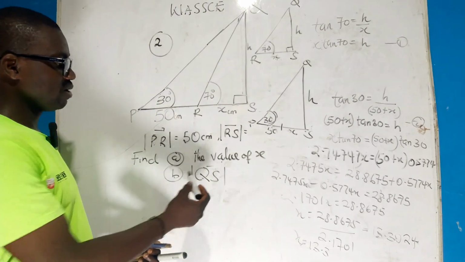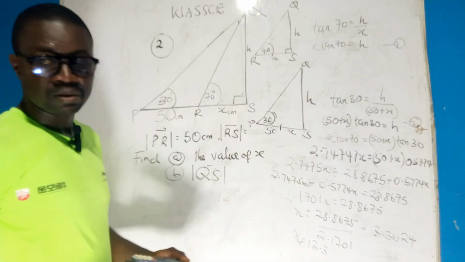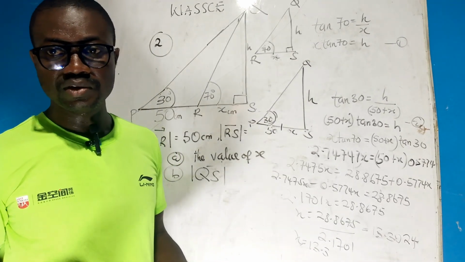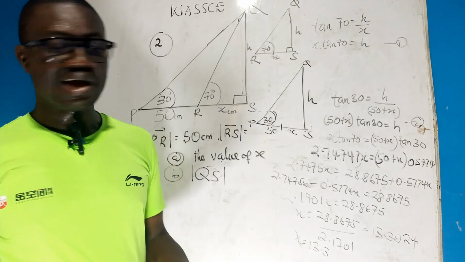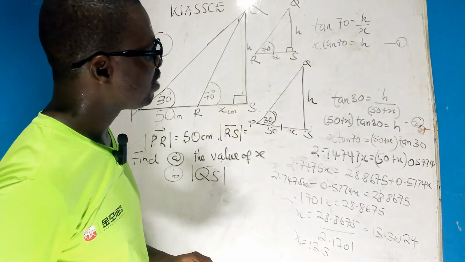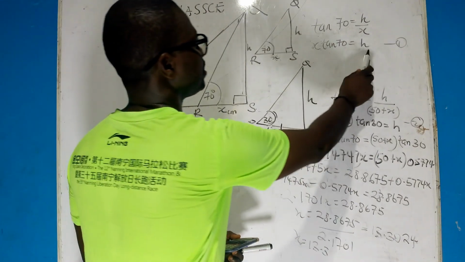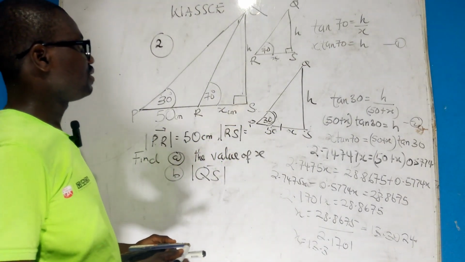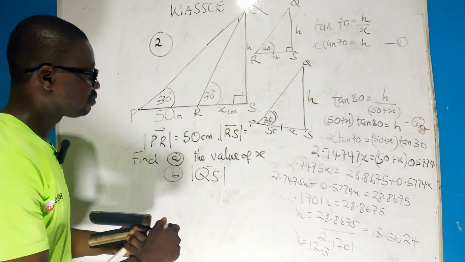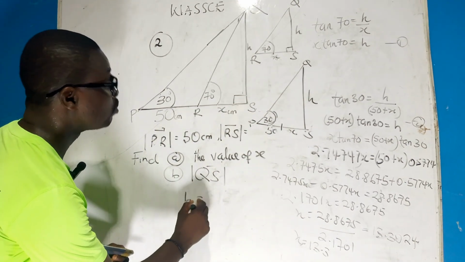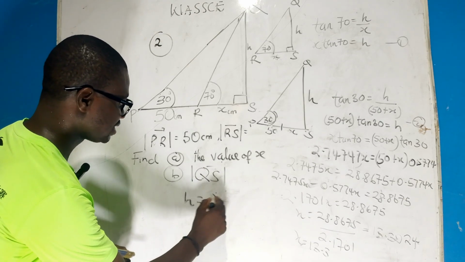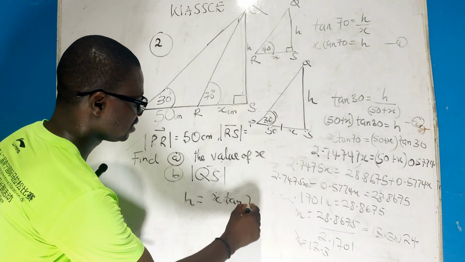Now the next one says you find the distance, the magnitude, that's the height. So we need to find the height, which we calculated from there. So our height h is equal to x tan 70.